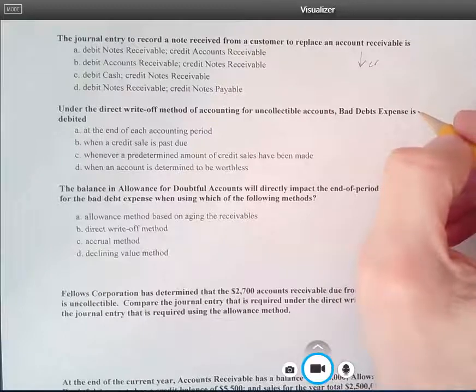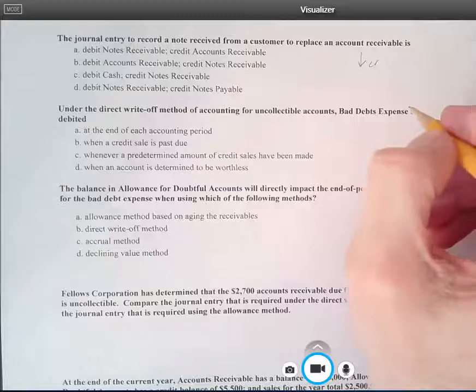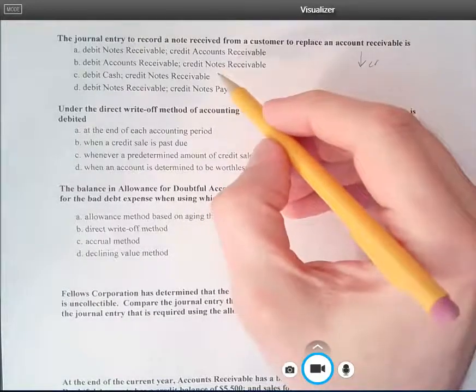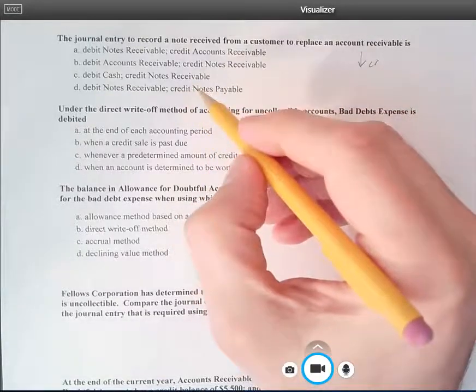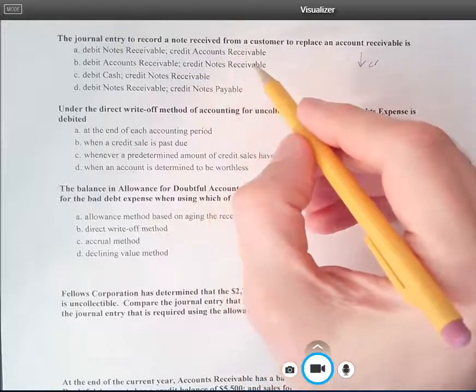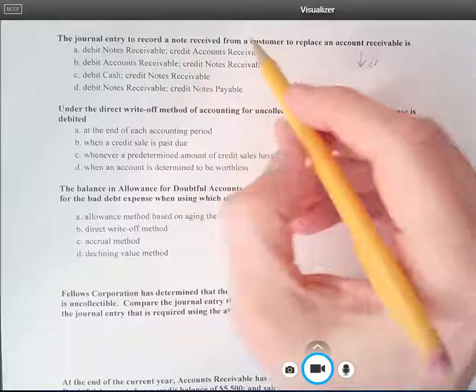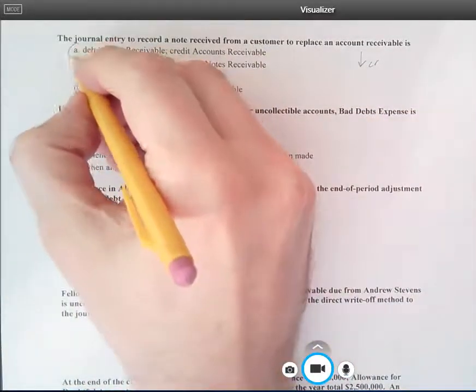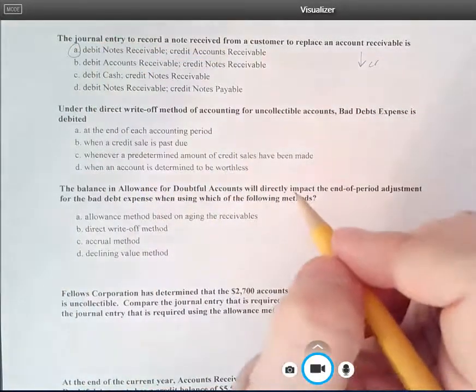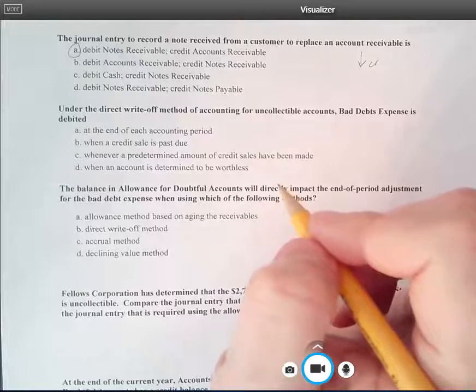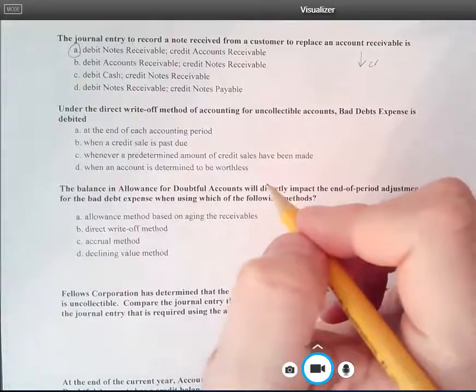Okay. So if we look at our answer choices, we only have one of our choices that is asking us to credit accounts receivable, and that's choice A. So I'm going to acknowledge that that is the correct answer.